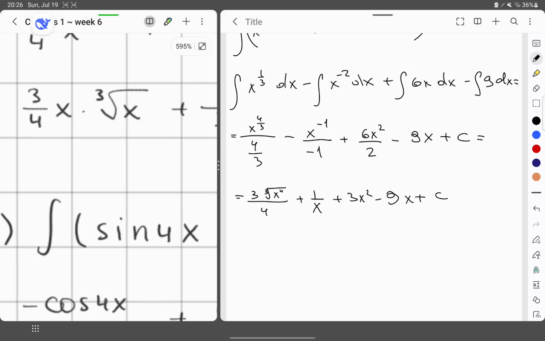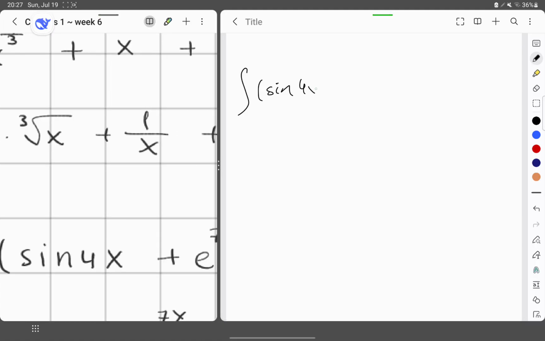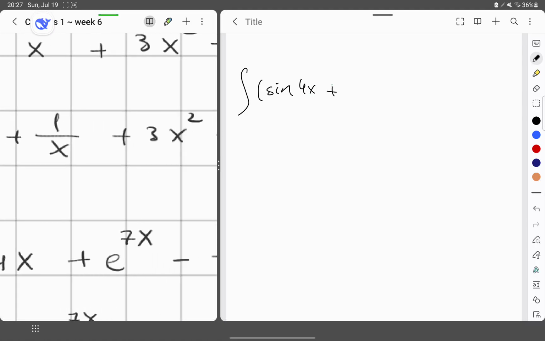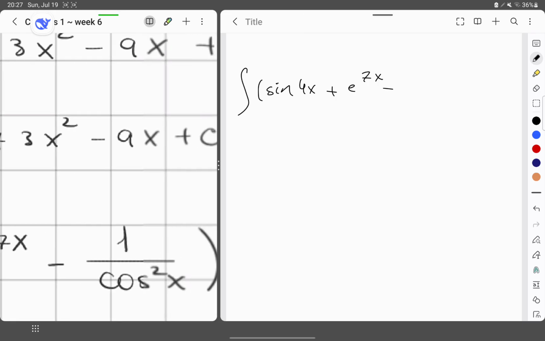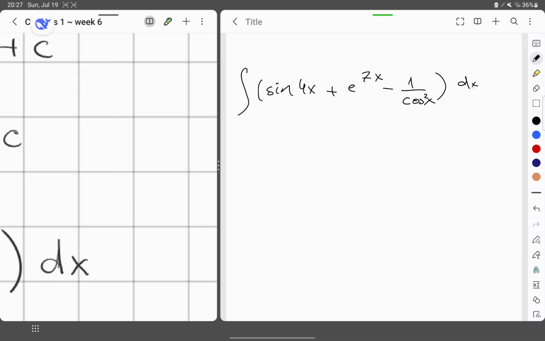Let's try to do this one. The integral of sine 4x plus e to the power of 7x minus 1 over cosine squared x dx.